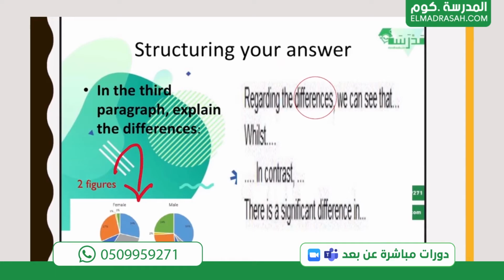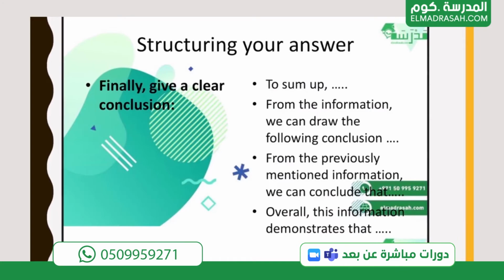Now we'll talk about the third paragraph in which you need to provide some comparisons and differences. But we only need to do this whenever we have two figures in the topic provided. If you only have one figure, you don't have to really state any comparisons or differences and just skip this paragraph. The last paragraph should be a conclusion.